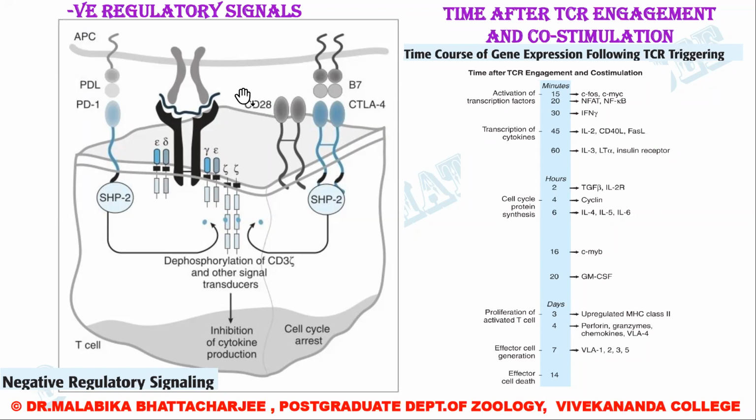So the moment these ligands are expressed on the dendritic cells, what do they do? They are now inhibiting the already activated cytotoxic cells or the helper cells, bringing about a down regulation of the immune response. This structure is of a T helper cell interacting with an antigen presenting cell. As you studied today itself, the helper cell acts as an important pivot between the B lymphocyte and the T cytotoxic cell.